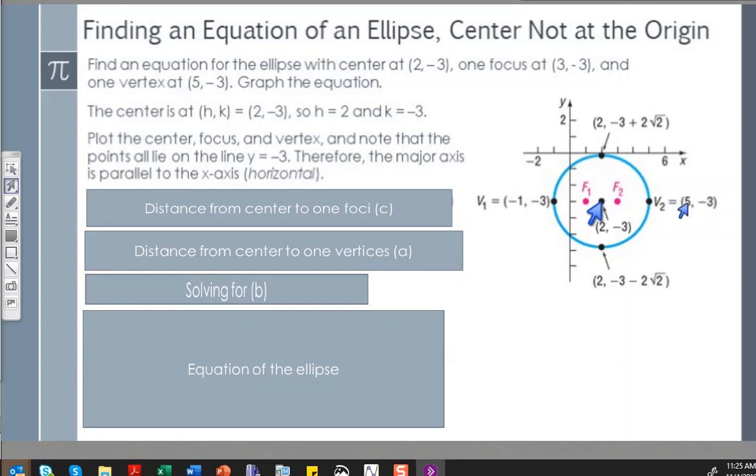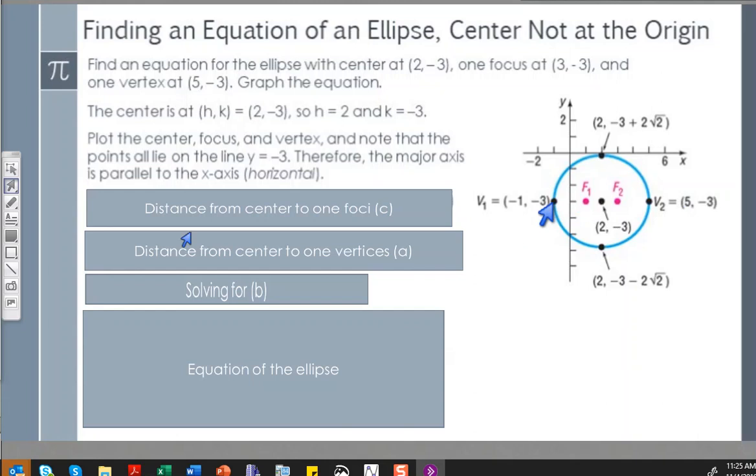So you're going to go 3 units the other way. And you're going to do the same for your second focus point. Oh, and that was where I was kind of getting ahead of myself. Let me get that little orange box off the bottom.